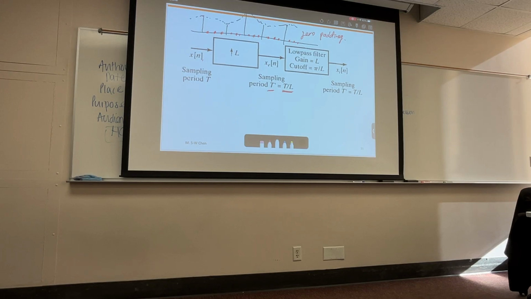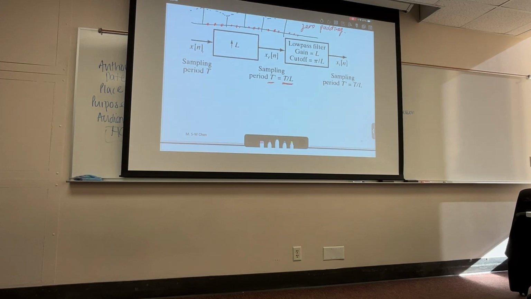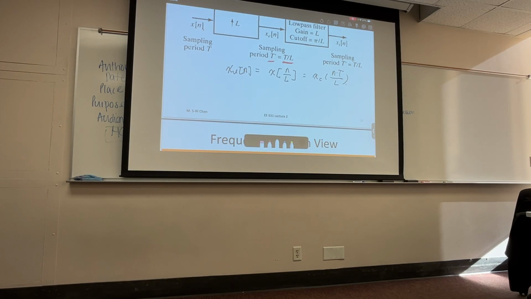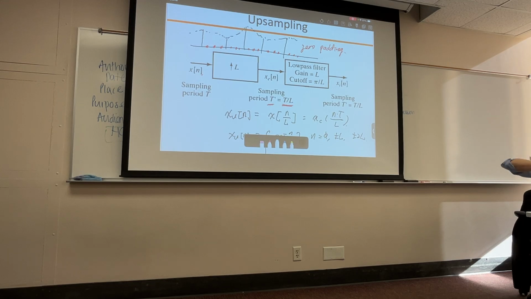Now we're going to mathematically express this. The upsampled signal, x_u[n], is equal to x[n/L], and this is essentially x_c(nT/L). So for x_u[n], you are going to have x[n/L] when n equals 0, plus or minus L, plus or minus 2L, because those are the actual original samples, what I drew on the top.